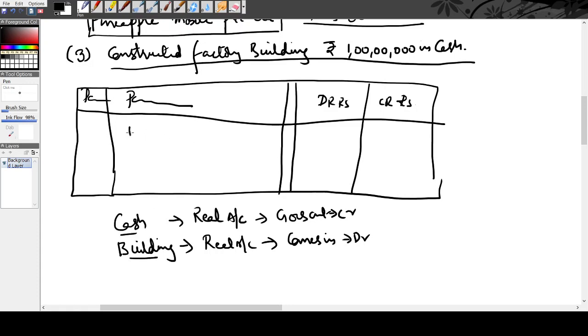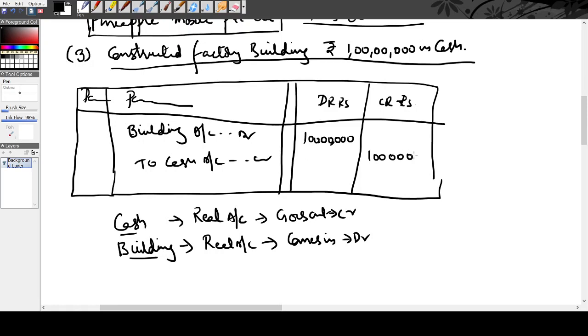So I'll write the entry here: Building account debit rupees 1 crore, to cash account rupees 1 crore. This is how I record the journal entry in the book called the journal.